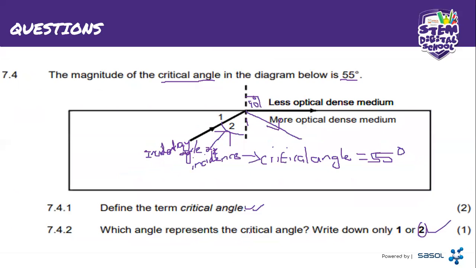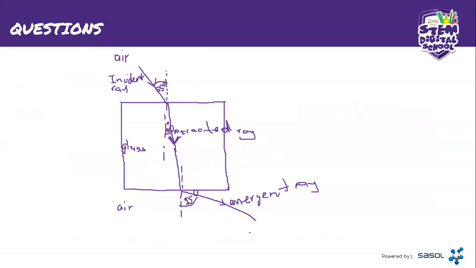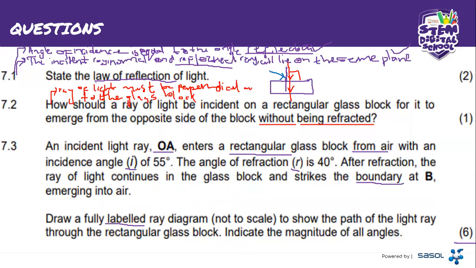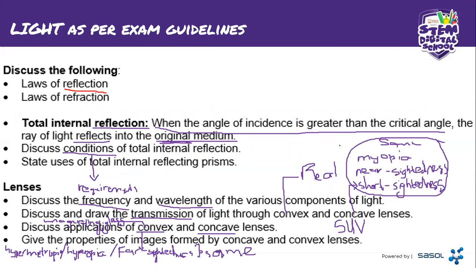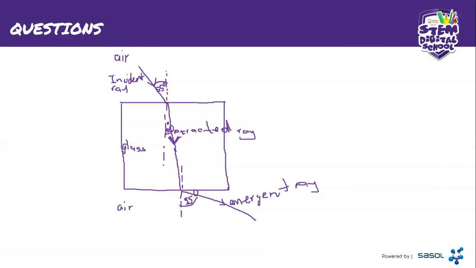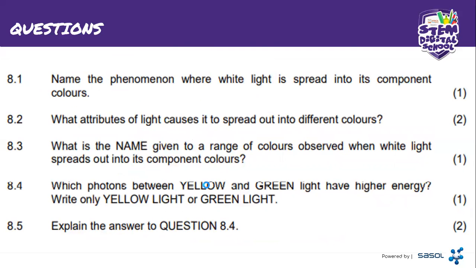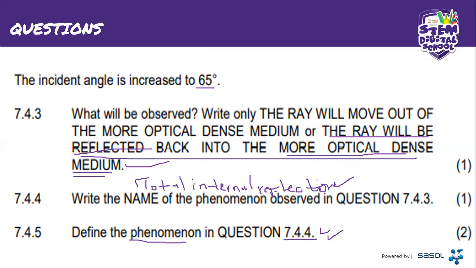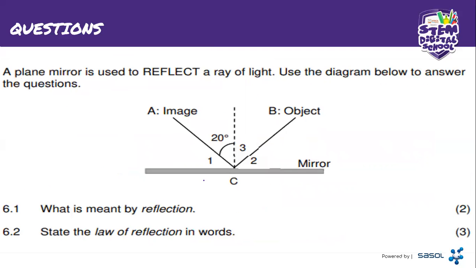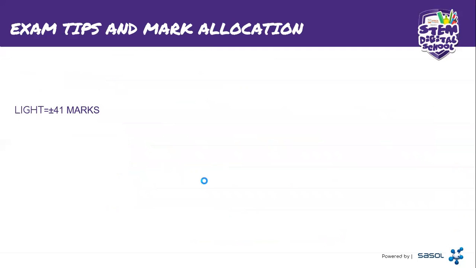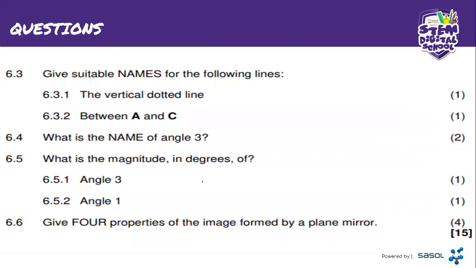And we can go back and look at our examination guideline. You see, when the angle of incidence is greater than the critical angle, the ray of light reflects into the original medium, and we are going to award you 2 marks. And that is the end of that particular question altogether. Right, we go to the next question.